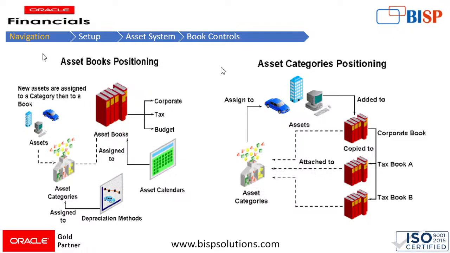For each corporate book, you can set up multiple tax and budget books that are associated with it. So the navigation will be Setup, Asset, System, Book Control.